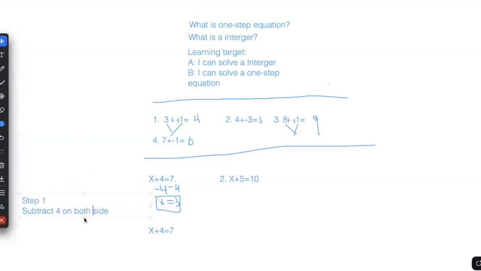That should be your step. I would recommend doing this. It would help you a lot on your tests. And let's get started with the next problem.